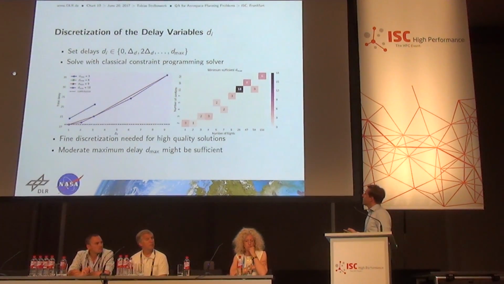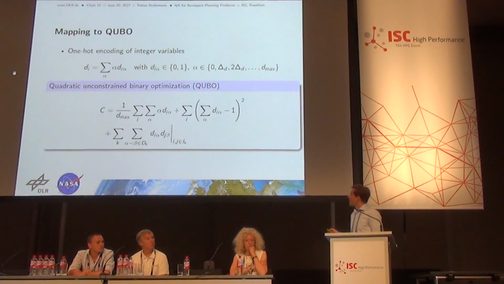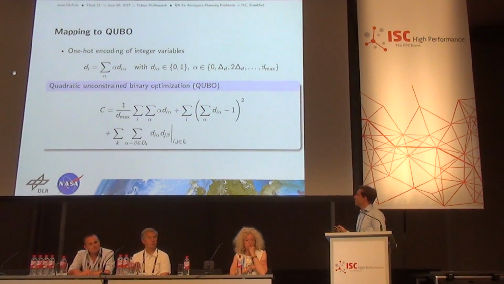Okay, and now we can map the problem to a QUBO, and this is done in the following way. Right now we have integer variables, right? So we need to map these integer variables to binary variables, and we do this with the so-called one-hot encoding.